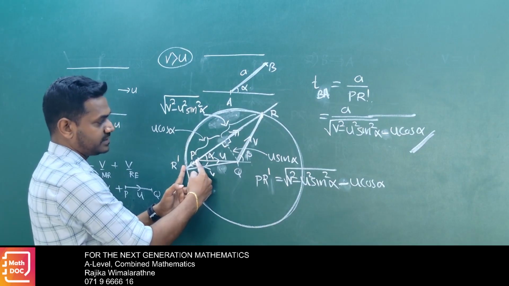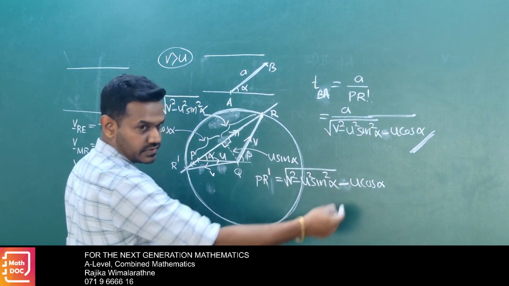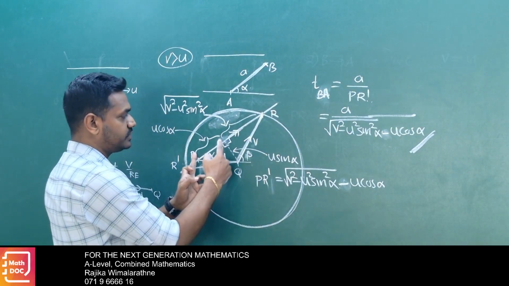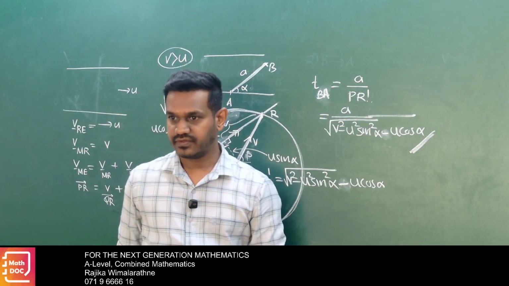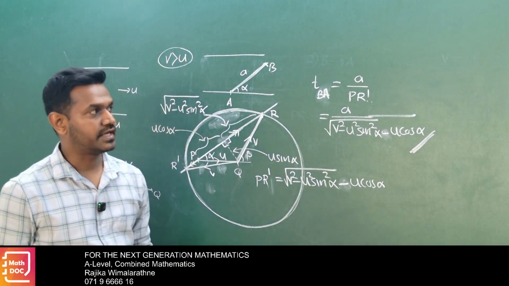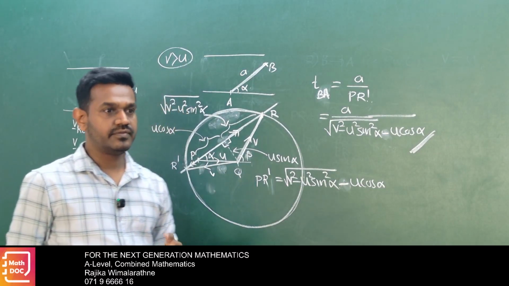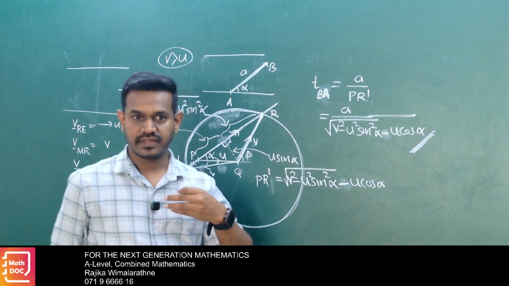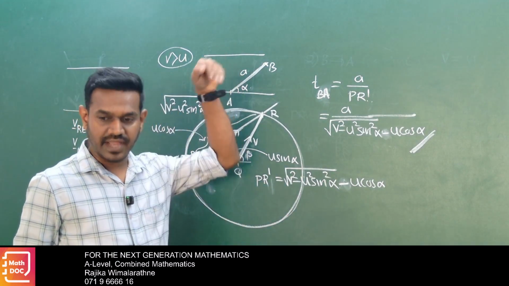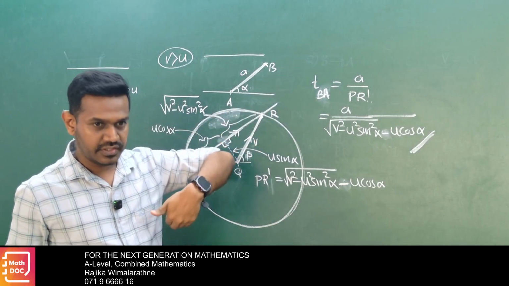Then we need the balance: root of V squared minus U square sin square alpha minus U cos alpha. By this, you remove this. Then you can find the corresponding velocity, no? That's how we take. Now we know how to move downstream and upstream. Again, we know how to move perpendicular to the bank and come back, and this way and the opposite direction.